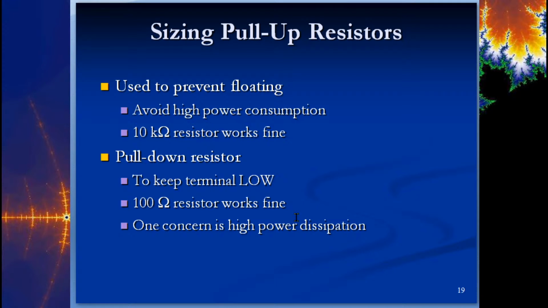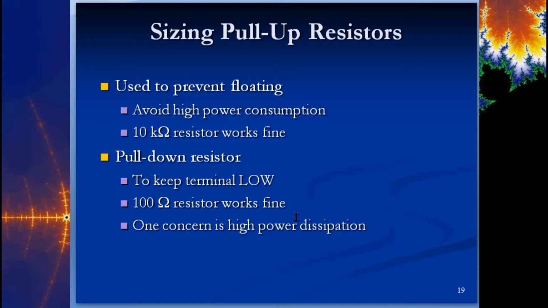So I keep talking about the pull-up resistors and the pull-down resistors. If you use a pull-up resistor, the whole thing is you're trying to bring the voltage threshold up of some output. And usually we just hook 5 volts with a 10K ohm resistor. That's the standard value. And if we have a pull-down resistor where we want to make sure something gets pulled low, we just use a series 100 ohm resistor connecting directly to ground, to keep something low.